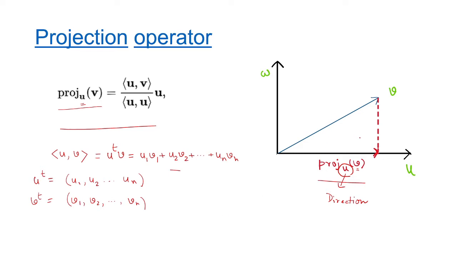This is V and this is U. We want to project this vector V in the direction of U, so the vector would be this one, this vector.